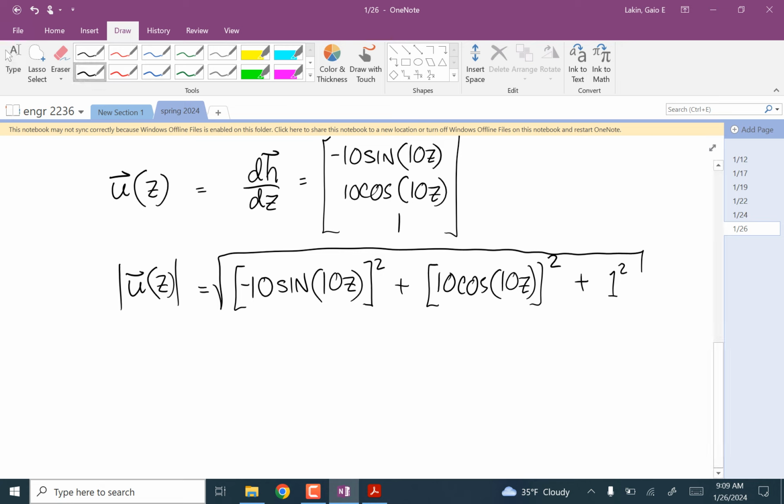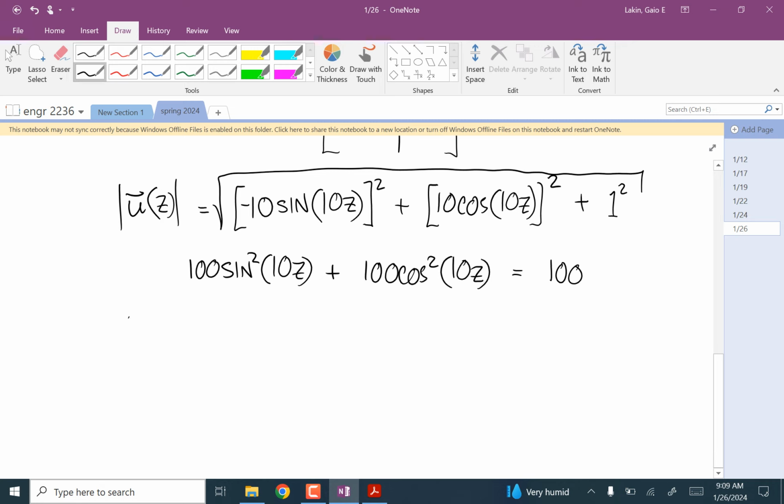And so this is 100 sine squared of 10z plus 100 cosine squared of 10z. Well, notice that 100 sine squared of 10z plus 100 cosine squared of 10z is equal to 100. And so the magnitude of this is the square root of 101.